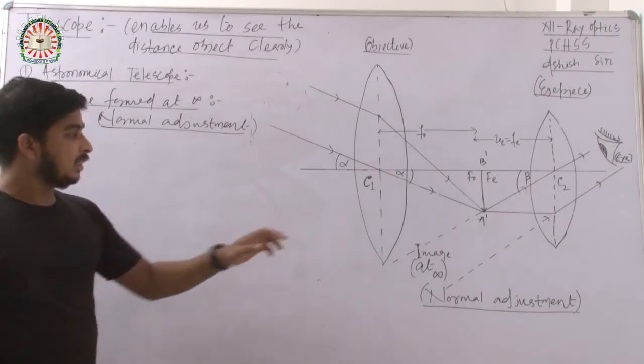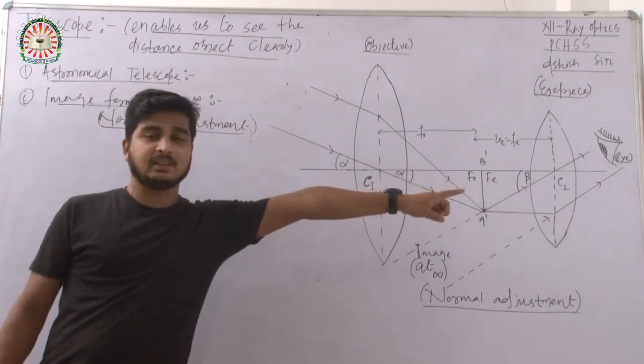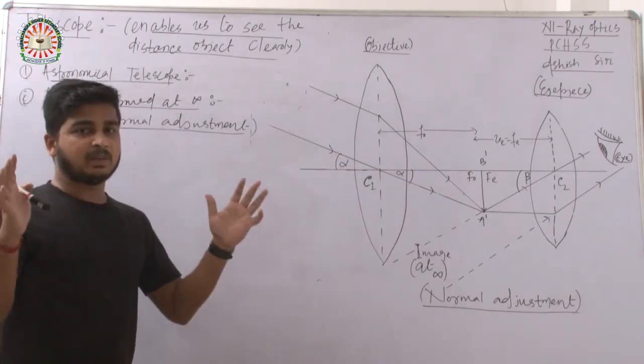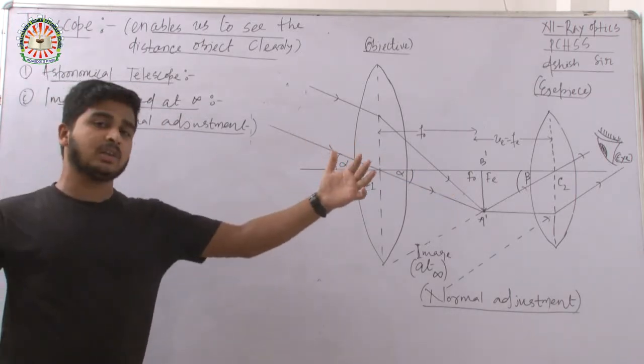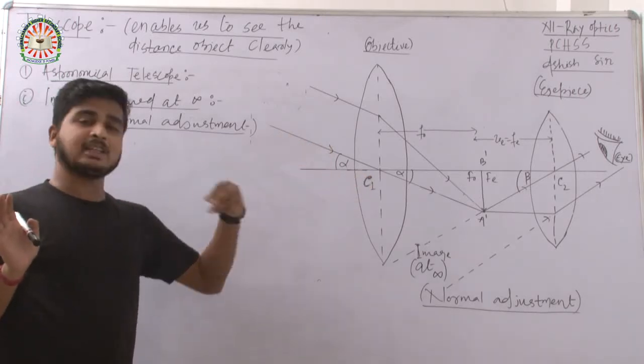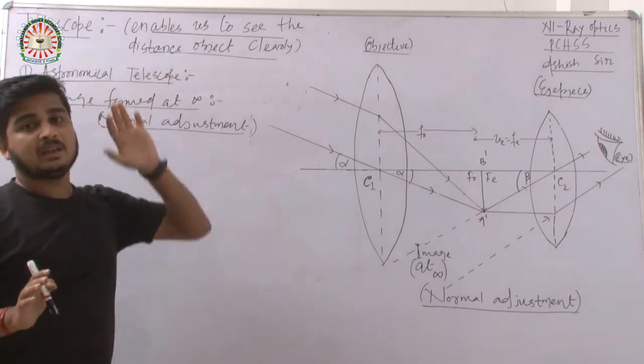So dear students, this is the eyepiece and this is the objective. They are very close to each other because they are fitted in a certain tube, close to each other in respect of the distance of the object from the telescope.